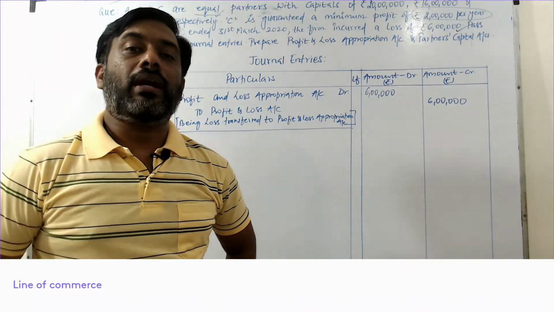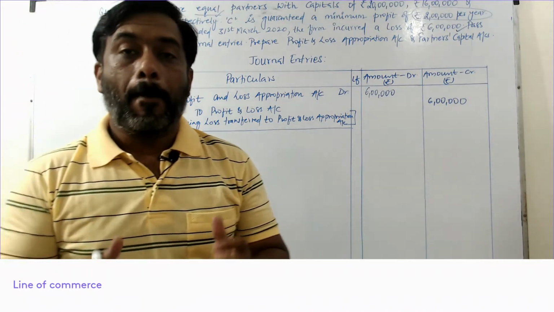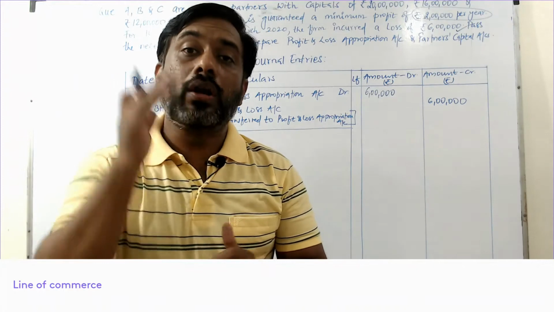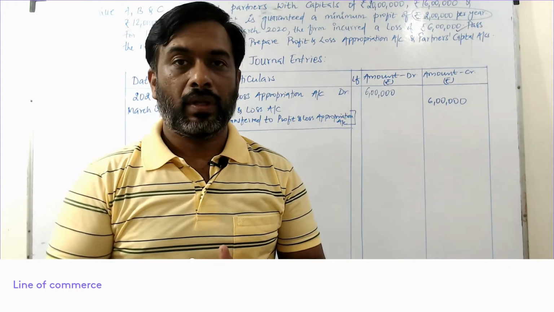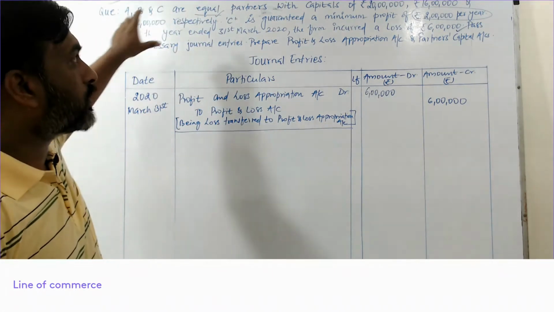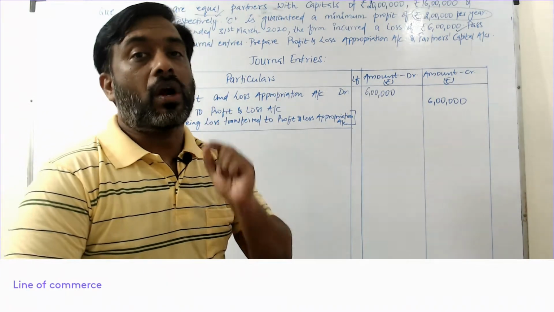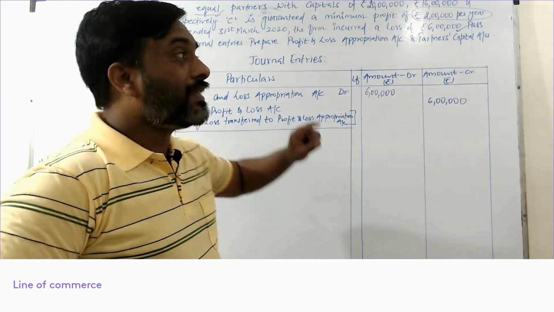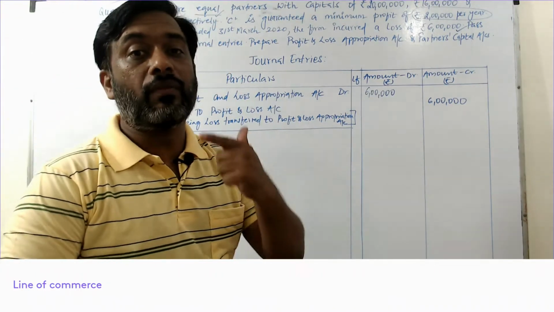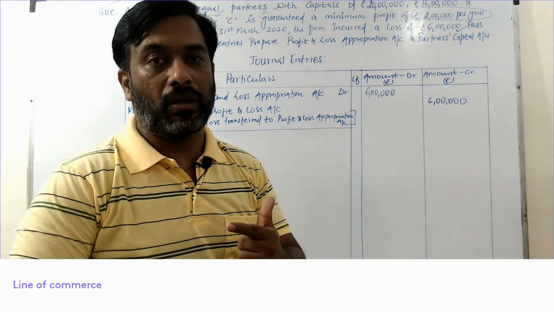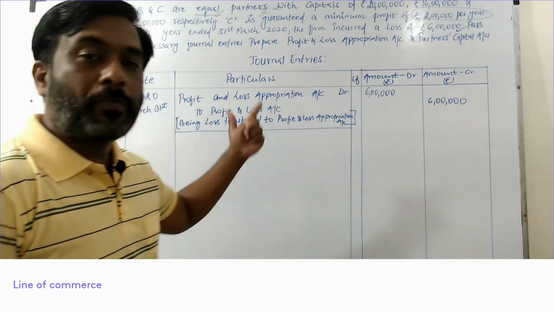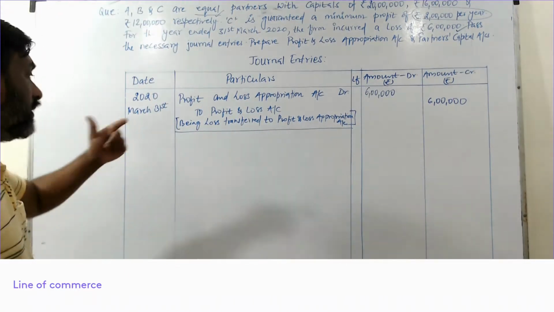Now when we distribute loss, partners capital or current account should be debited. Now this question is on fluctuating capital. So partners capital account will be debited. In case if this was a fixed capital question, then we need to debit partners current account. Okay, now let us pass the distribution of loss journal entry.